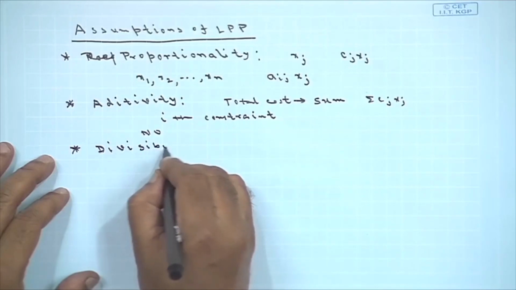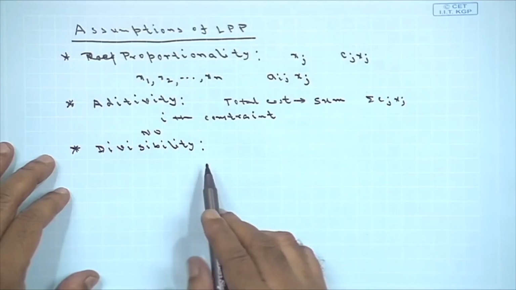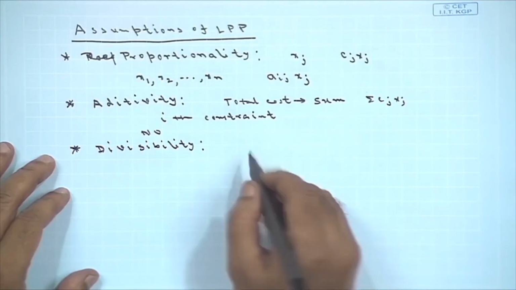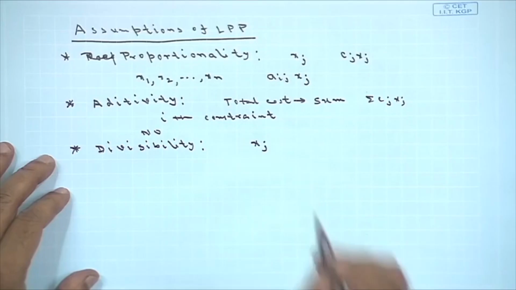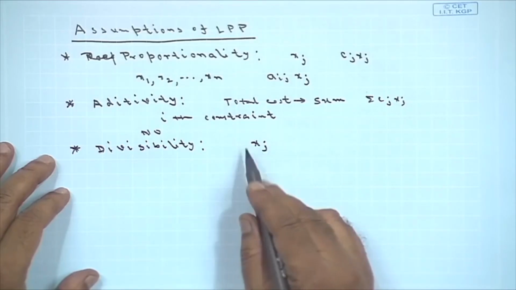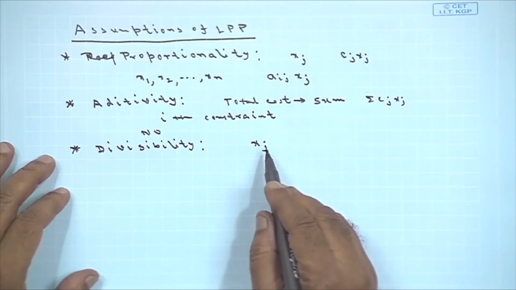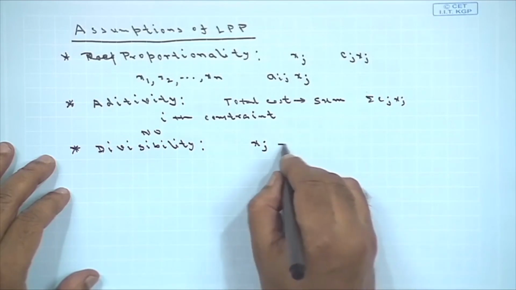divisibility. Divisibility means whenever you are talking about the decision variable xj, if I want, I can reduce the value of this variable xj to some fractional level also.